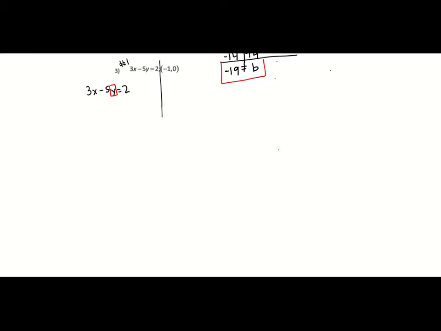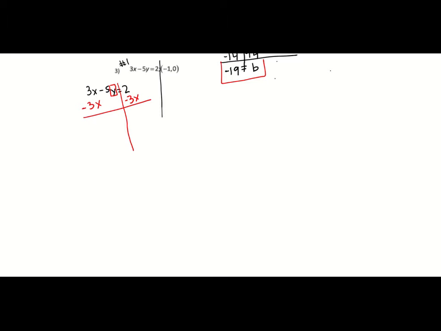We want to get everything else on the right side of the equal sign. So to do that, I got to start with what's furthest away from y. If I look, my 3x is furthest away from y on this side. I want to move that whole term, so if I have a positive 3x, I'm going to subtract 3x from both sides.